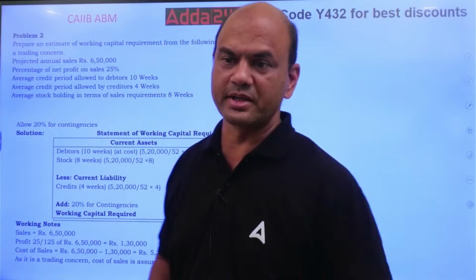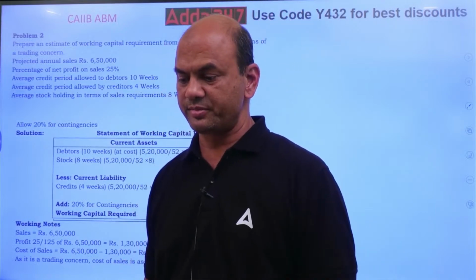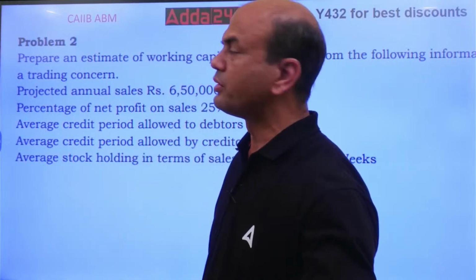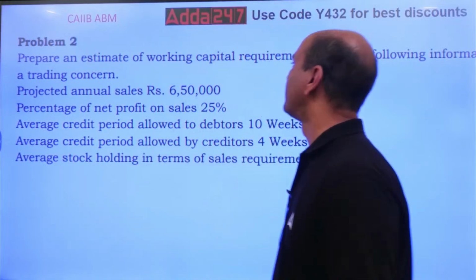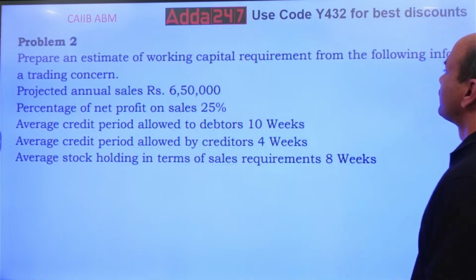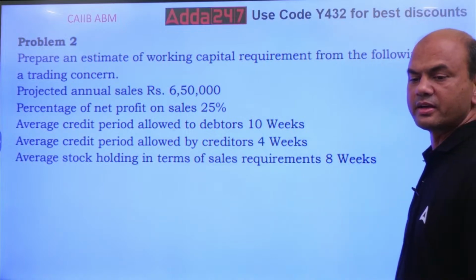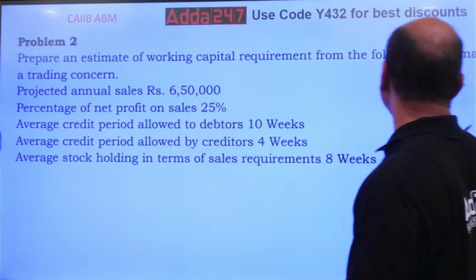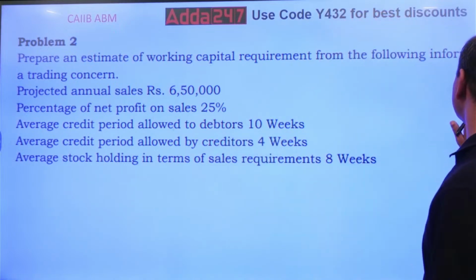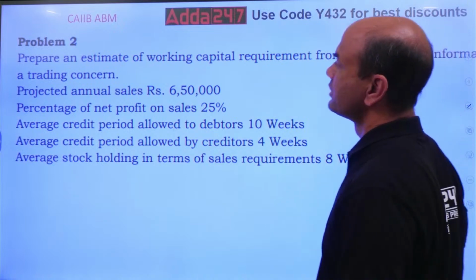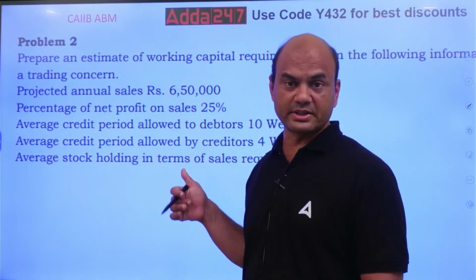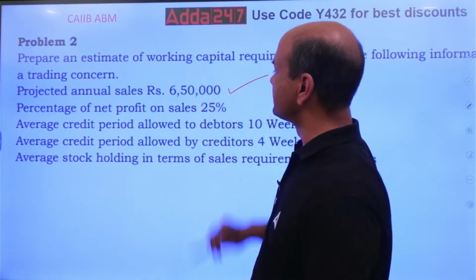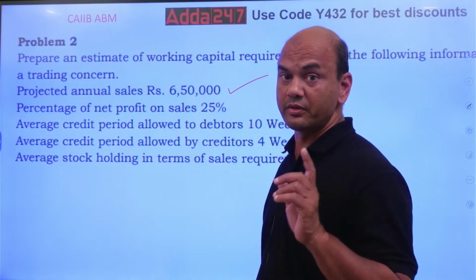Now expanded. Prepare an estimate for working capital requirement from the following information of a trading concern. Projected annual sales is 6,50,000. It's given. Look at the data first. This is an important 5 marks case study. Remember the word annual.